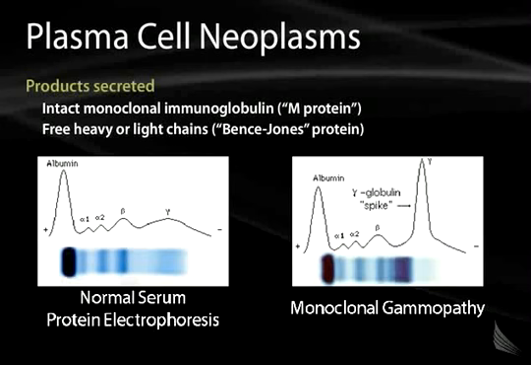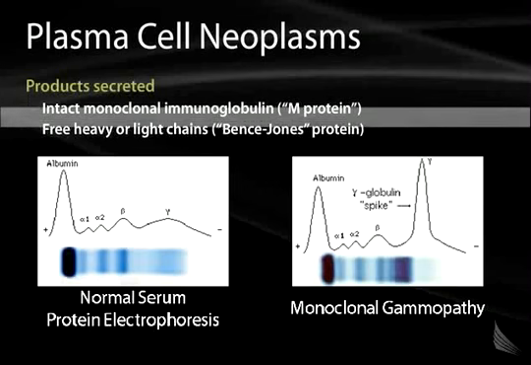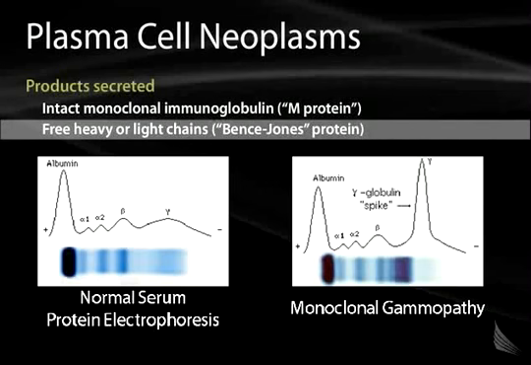So the plasma cell neoplasms secrete an intact monoclonal immunoglobulin, or the M protein, as well as free heavy chains or light chains, and the free light chains are called the Bence-Jones protein in the urine.